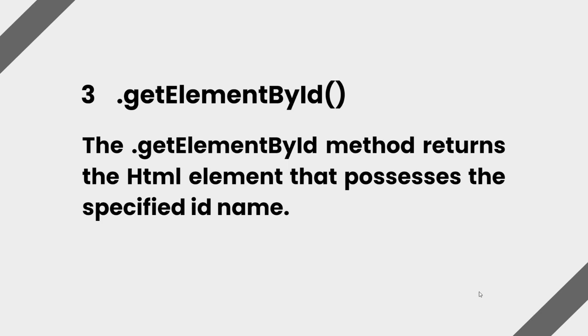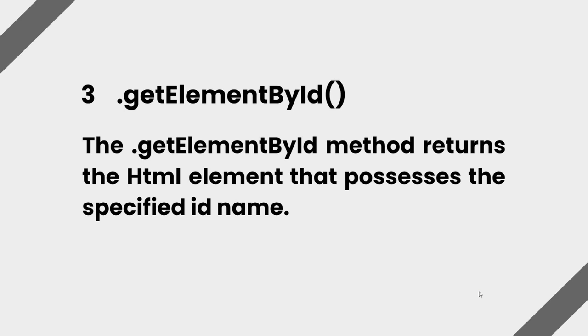Next, we have the getElementById method. Now, many of us are already familiar with this method. In fact, we already know this method because we've made use of this right from the second class of JavaScript. So this particular method returns the HTML element that possesses the specified ID name.